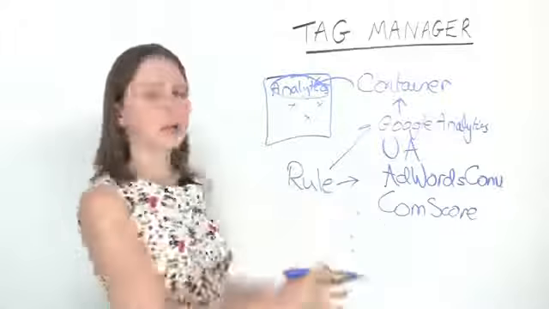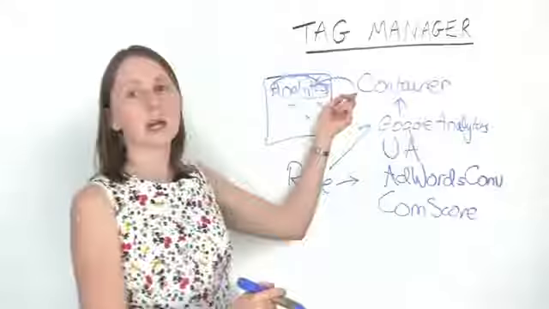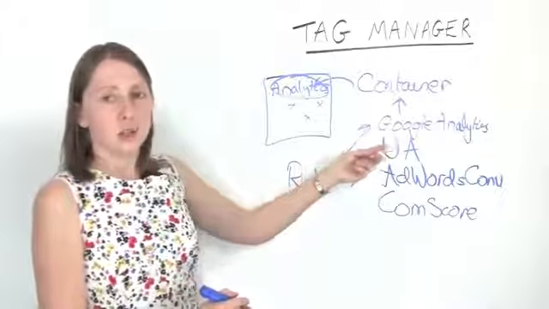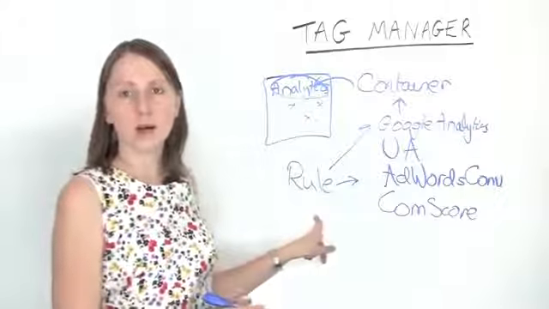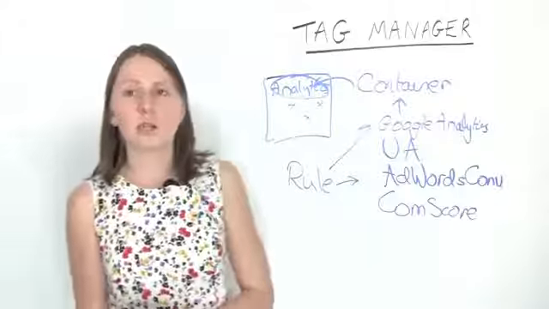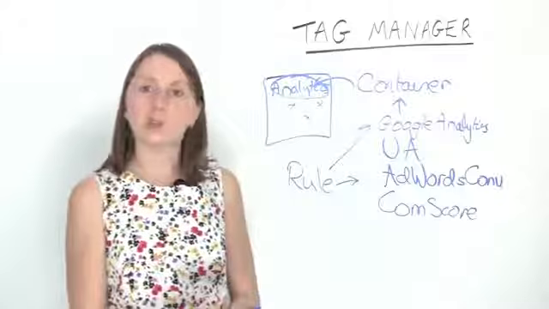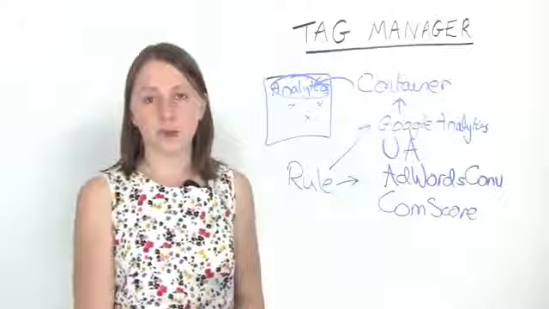You can get really in depth with it, but at a basic level, it's a case of putting a container on your site, selecting which code to use, and then setting a rule to tell it when to fire. There's a lot of functionality past that, but obviously if you're interested in that, it's good to actually have a look at some of the more technical videos and blog posts about this.